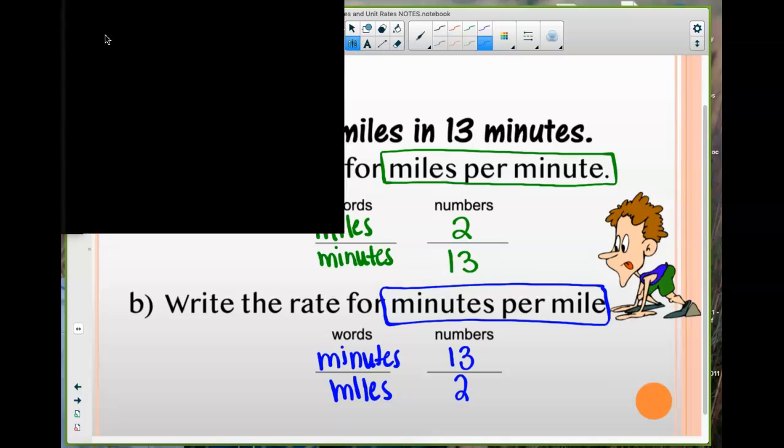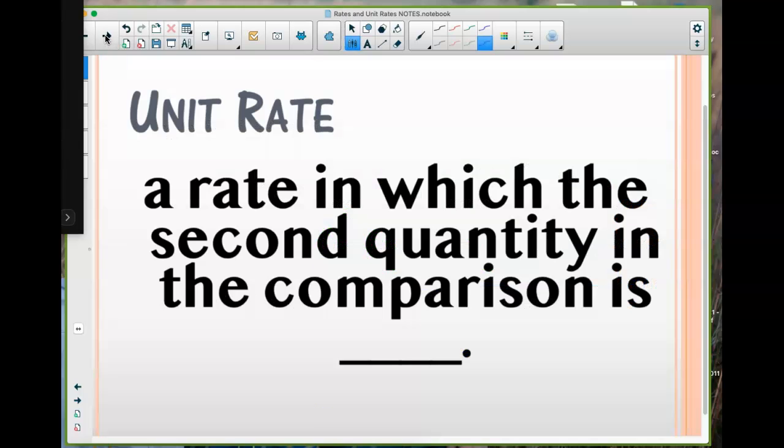Okay, so let's then move on to what's called a unit rate. I want you to put this definition in your notes. A unit rate is a rate in which the second quantity in the comparison is 1. And I'll give you a minute to write this down. A rate in which the second quantity in the comparison is 1.